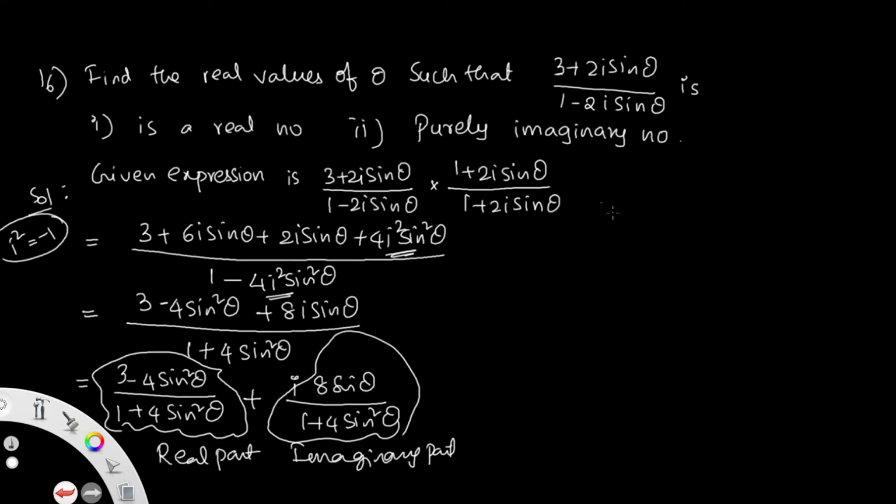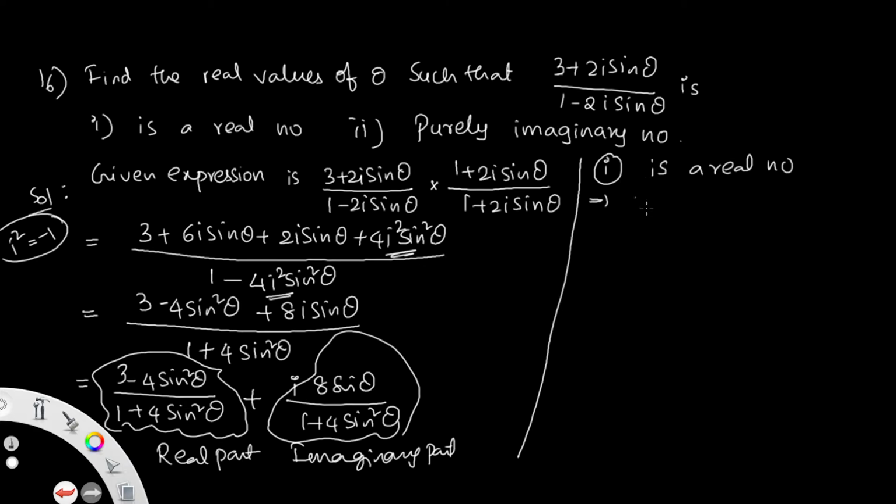In the first question, it is given that the expression is a real number. We already learned the formula: if the given complex number is purely real, then the imaginary part should be 0.